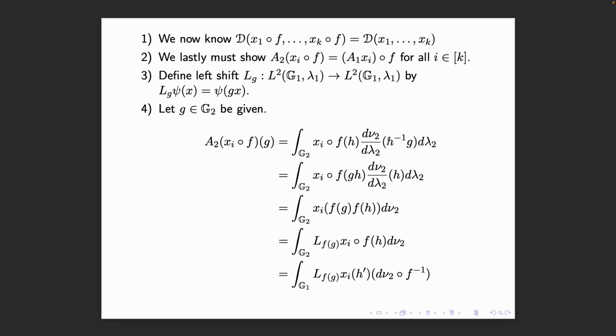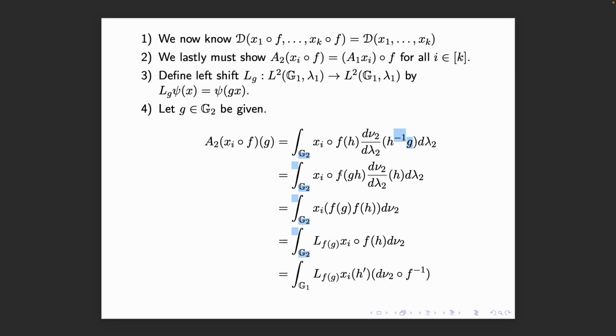Because this is symmetric, I think what I first do is I turn h inverse g into g inverse h. And then I'm going to send h to gh. This gives us an h argument here, and we have xi composed with f applied to gh.